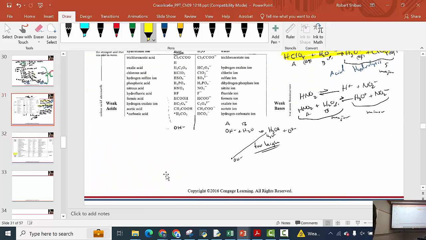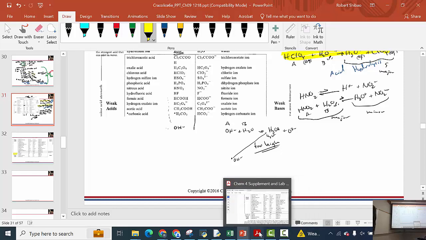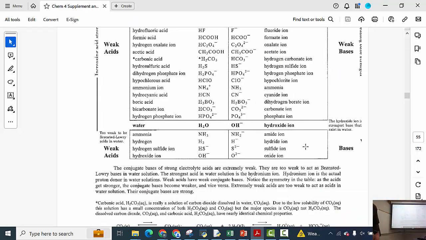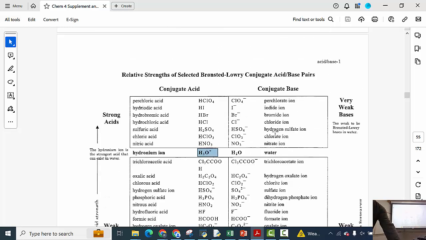All right, we have the acids on the left side of this chart. What do we have on the right side of the chart? On the right side of the chart we have the bases. And there's a conjugate relationship.